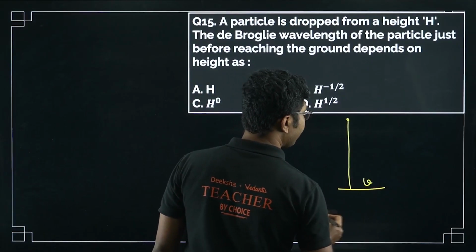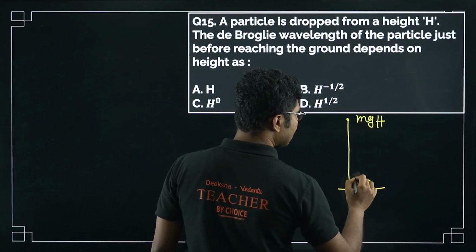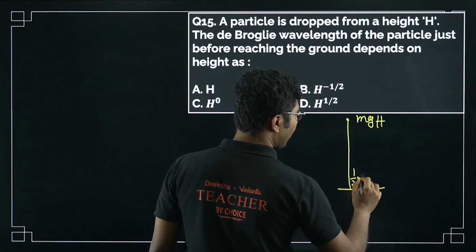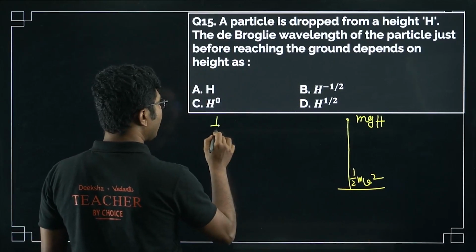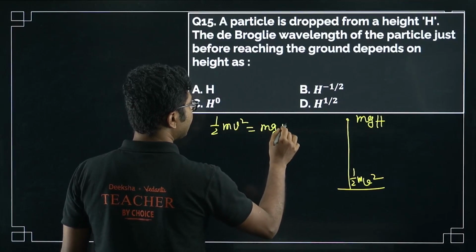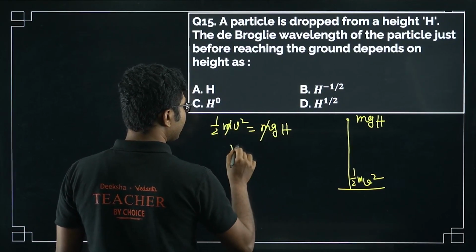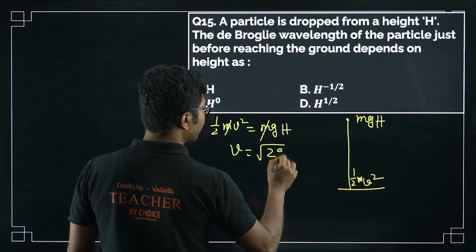Suppose the velocity is v. At this point the energy was mgh, and at this point the energy is half mv square. So half mv square equals mgh. Okay, or you can calculate the velocity. v is equal to square root of 2gh.